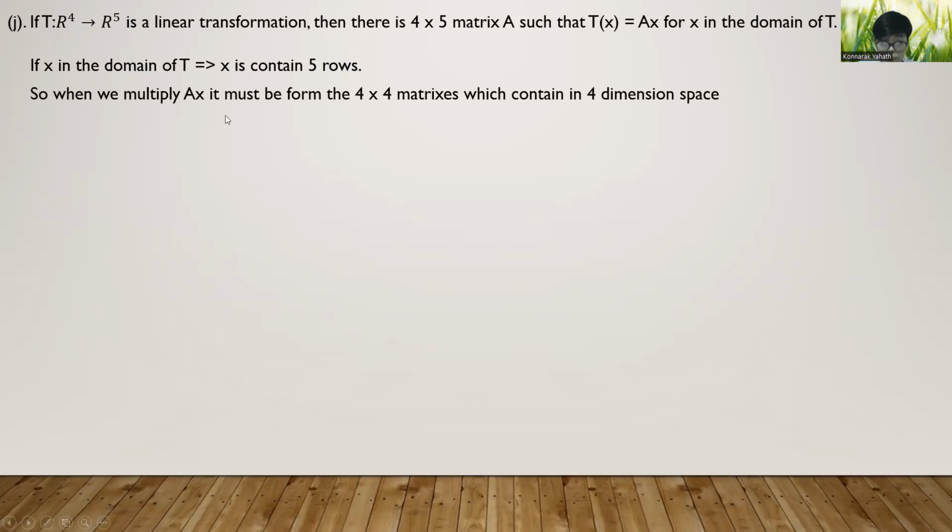So when we multiply A by x, it must be from the 4 by 4 matrix, which is contained in 4-dimension space, which is wrong from the statement that said that T transforms the element from 4 dimension to 5 dimension. But when we multiply this Ax, we see that T transforms x from 4 dimension to the same 4 dimension space, which contrasts with the statement J. So as the result, this statement is wrong.